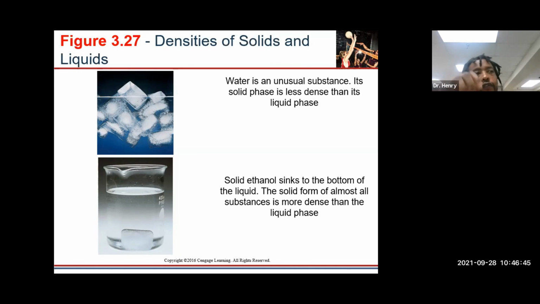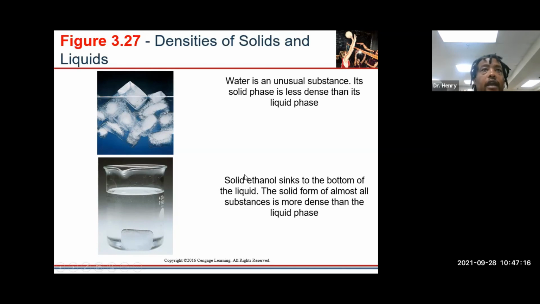Okay, so if we freeze ethanol solid, a complete thing of ethanol, it'll actually sink to the bottom and it won't float in ethanol. Because the solid is more dense than the liquid. So it doesn't float. Where water, the solid, ice, is less dense than the liquid. Okay, and that's because of how water forms those nice little pockets, and that's going to be due to what we call polarization. And we'll be talking about that later on.